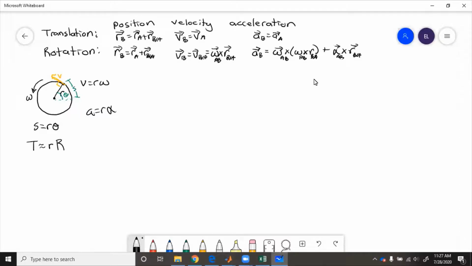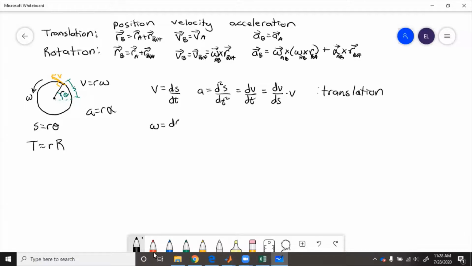So position, velocity, acceleration. The same fundamental differential relationships that we had for translation. V equals ds dt, A equals d squared s dt squared equals dv dt equals dv ds times v. We had these four for translation. We can also write these for rotation in the angular form.